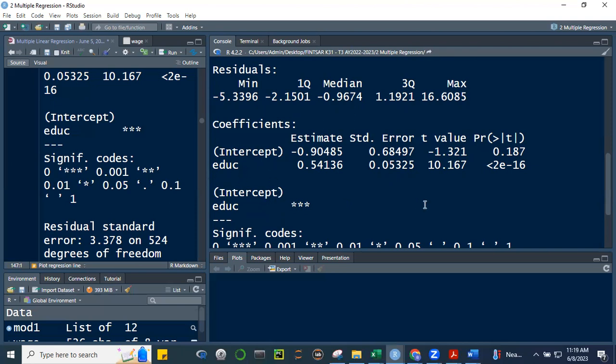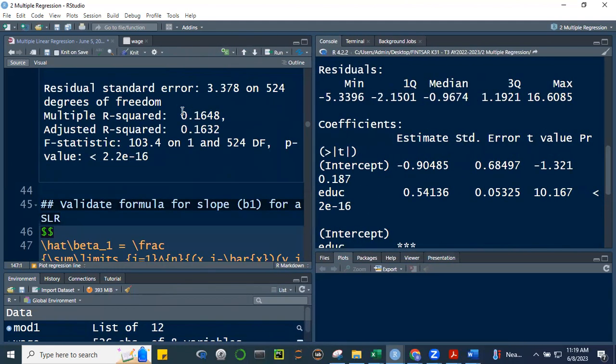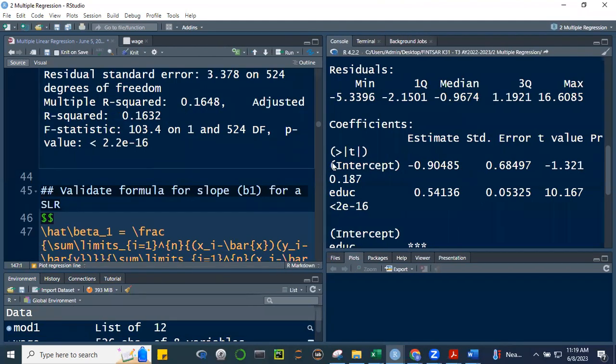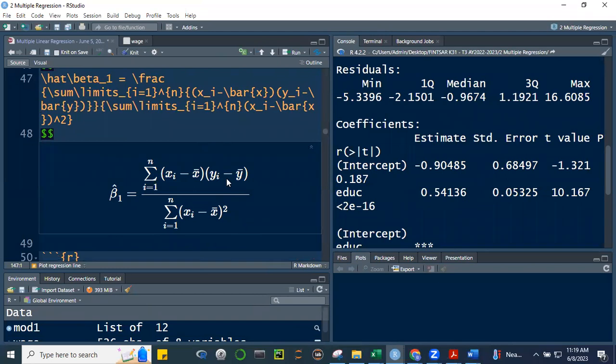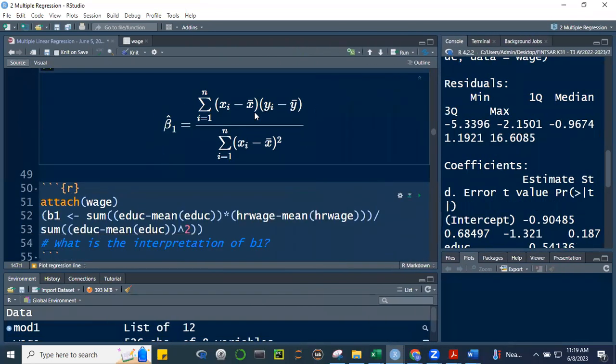If we compute for that, we got this. We were able to prove that last time using the formula, but if you recall, class, this is just the covariance of your X and Y divided by the variance of your X.